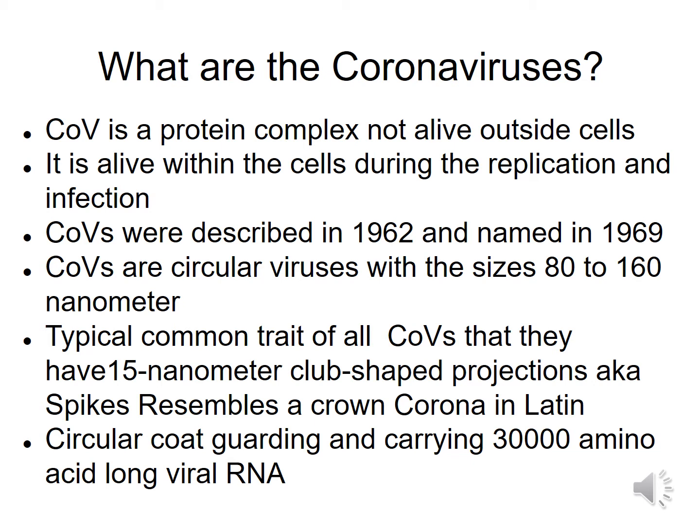So this circular coat with the spikes is guarding and carrying 30,000 amino acid long viral RNA, and it carries this from one host to another to continue its replication.